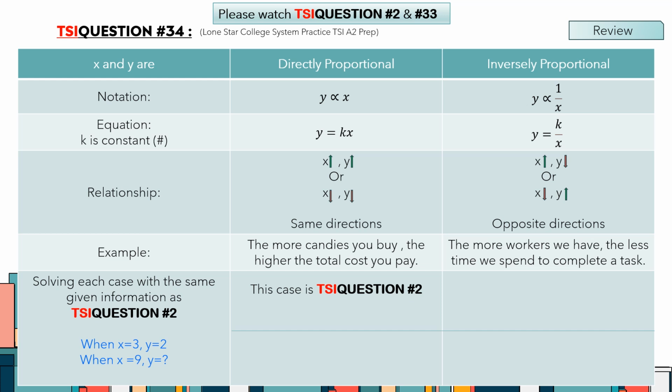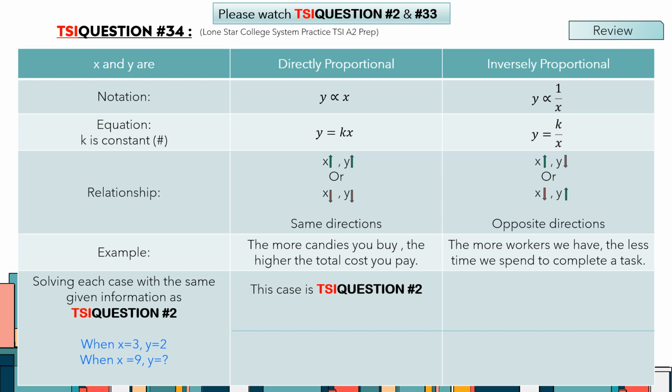So today we were talking about the directly proportional and inversely proportional problem. If x and y are directly proportional, the notation will be y proportional to x, and then the equation, with k as the constant, which is a number, so y equals kx.